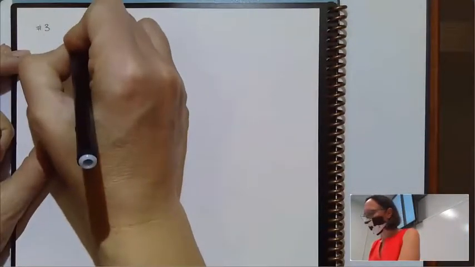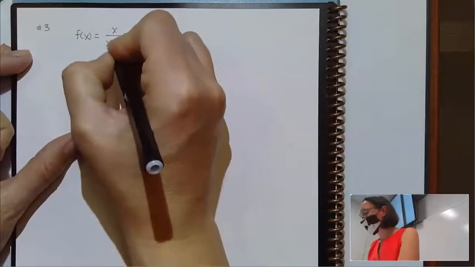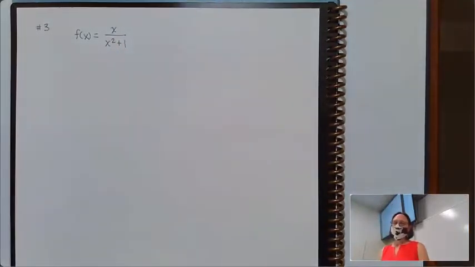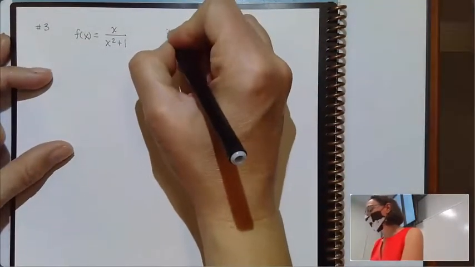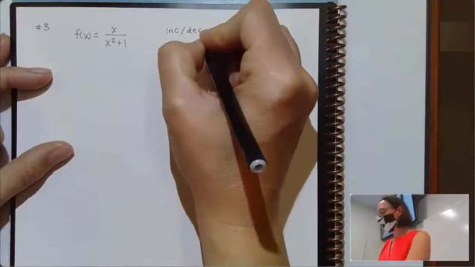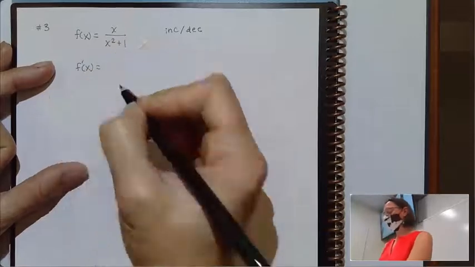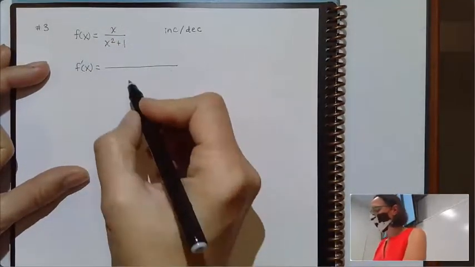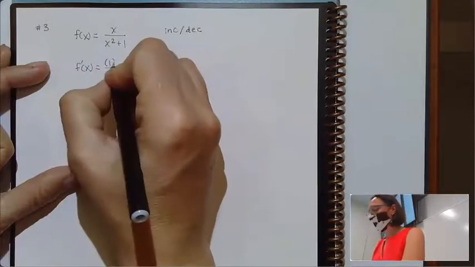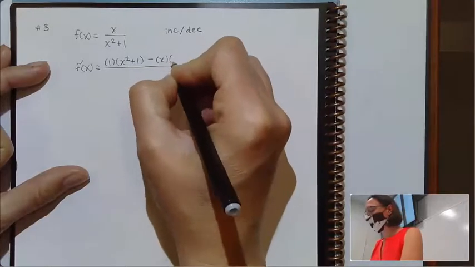the function we've been given is actually pretty similar to one we've worked with previously. So I've got x over x squared plus 1. And on this one, we were just trying to find the intervals for increasing, decreasing. So I'm going to fast forward my derivative a little bit here. I know that I'm going to need a quotient rule, but I'm going to talk through it quick. Derivative of the top is 1, leave the bottom alone, minus, leave the top alone, derivative of the bottom is 2x.